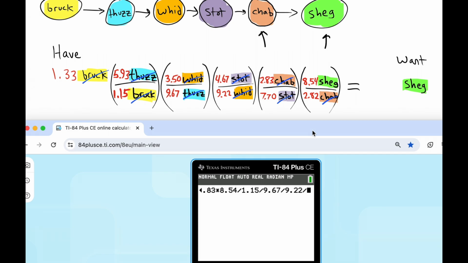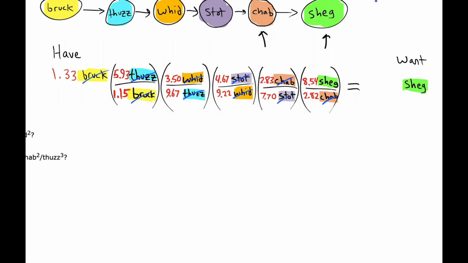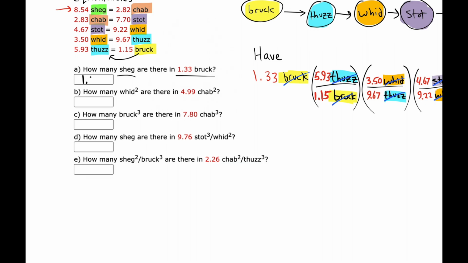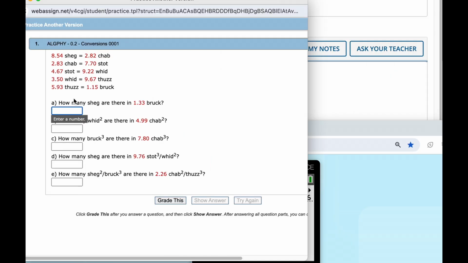Anybody who's below gets divided. Final answer looks like 1.40. And so that's what I'll put here. Let's check it with the program. The program agrees.